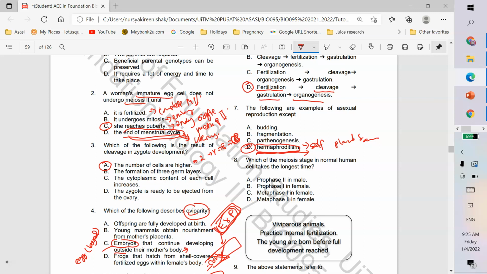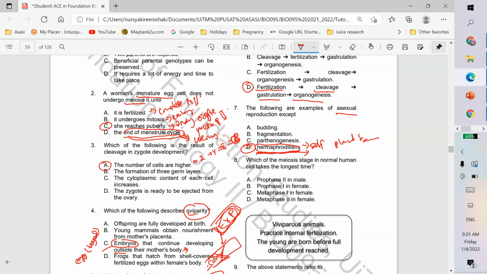Okay. So that is sexual. So hermaphrodite is sexual reproduction. Asalkan ada fertilization of sperm and eggs. That is sexual reproduction walaupun daripada satu individual.